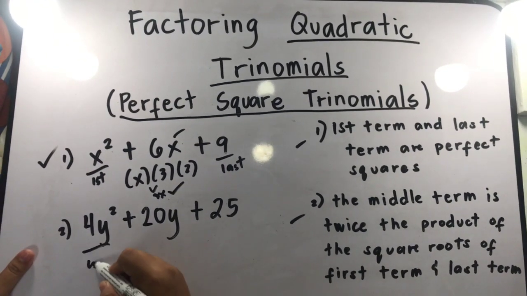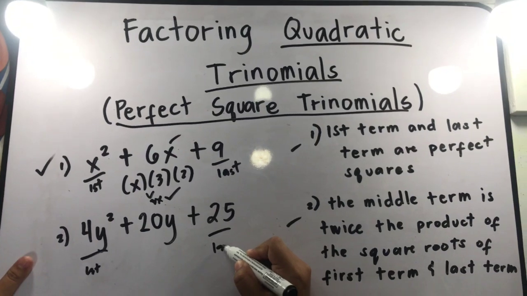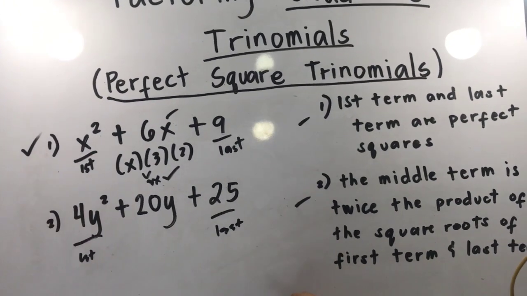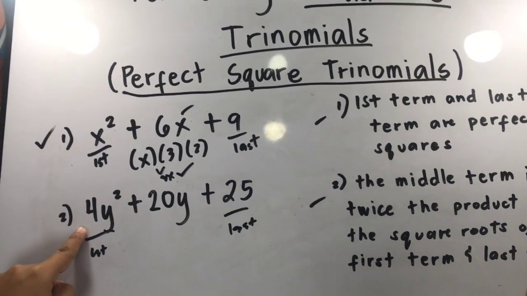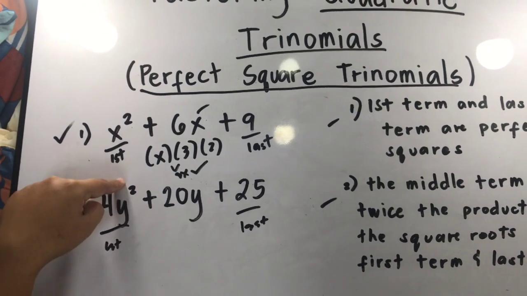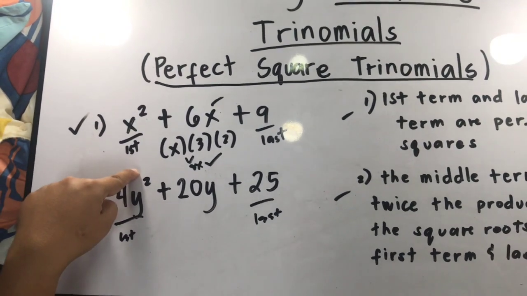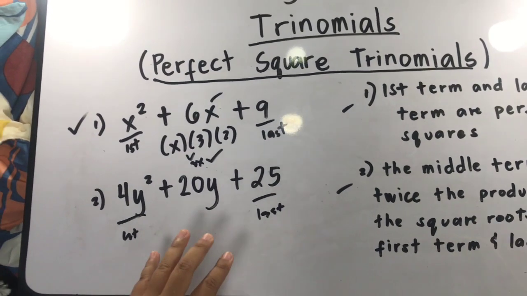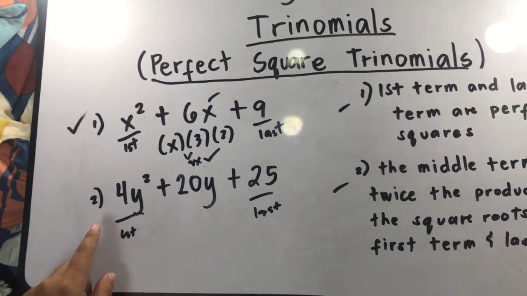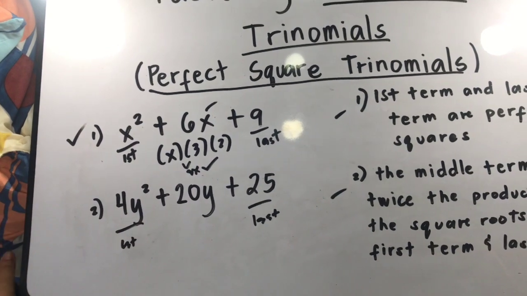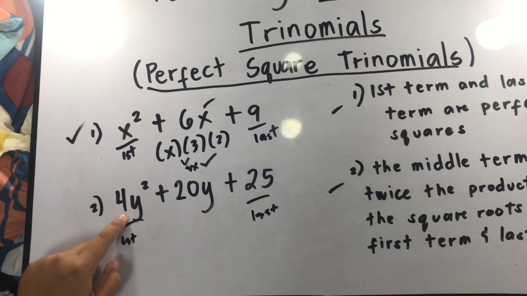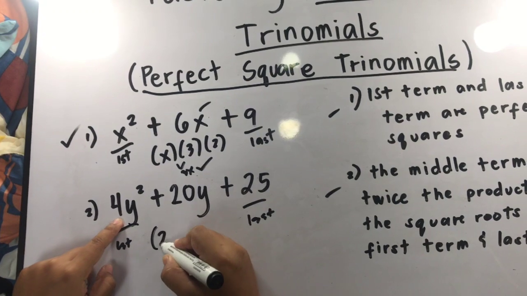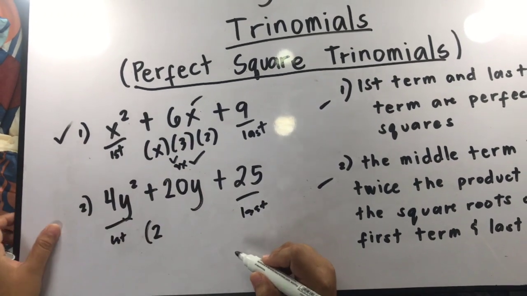Again, let's check the first and the last term. 4y squared. 4 is a perfect square. Y squared is also a perfect square. 25, perfect square din. So, check naman natin ngayon yung middle term. What is now the square root of 4y squared? Square root of 4 is 2. Square root of y squared is y.